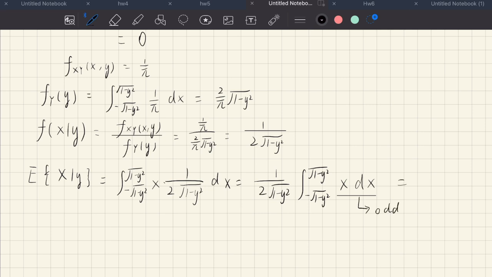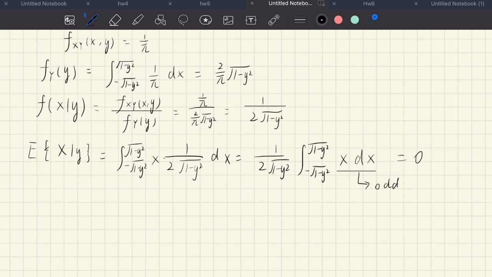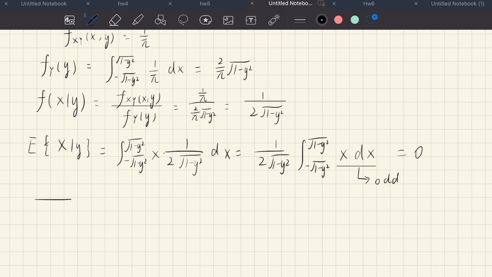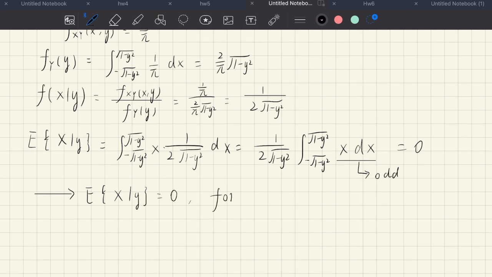So the final result should be 0. So we know that the expectation of X given Y is 0. So for every y, this should be 0.